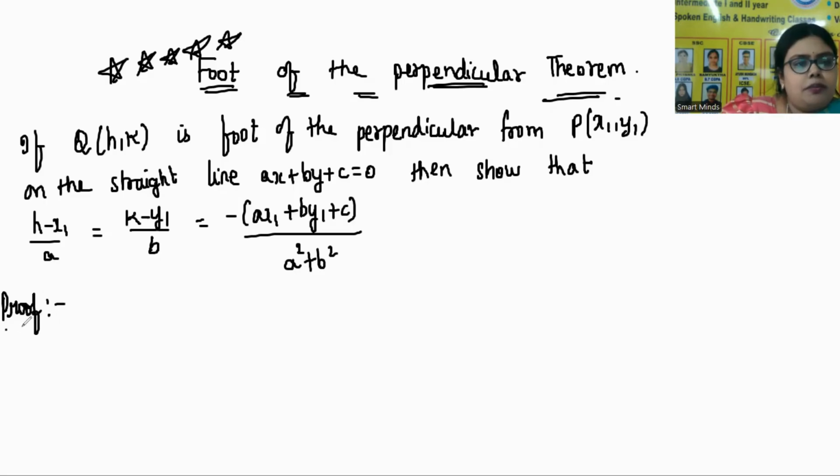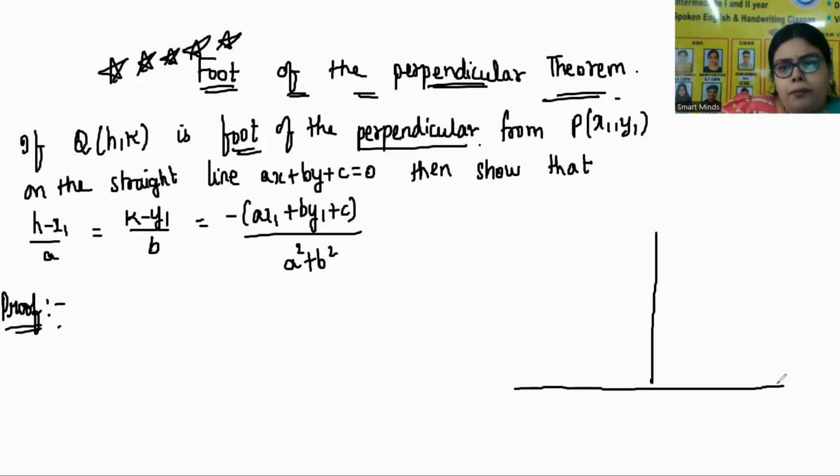So let's start the proof. Whenever the foot of the perpendicular is given, you first draw this figure. We draw two perpendicular lines. This is the perpendicular line and this is the foot of the perpendicular.